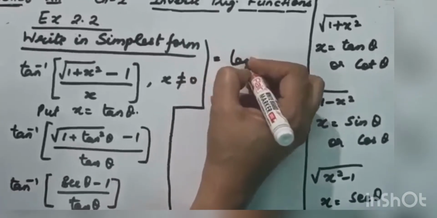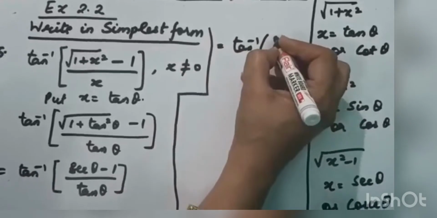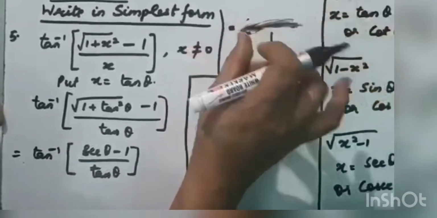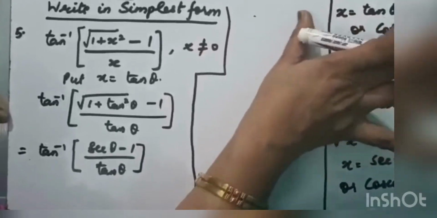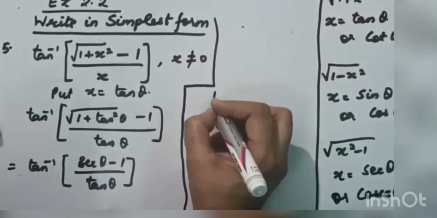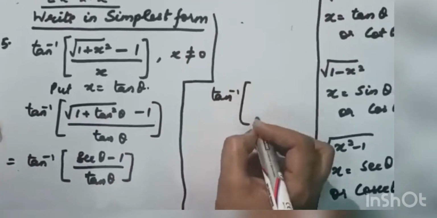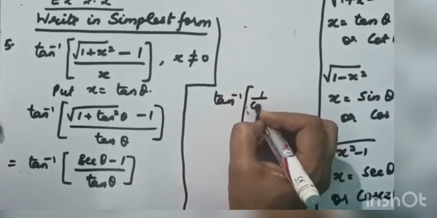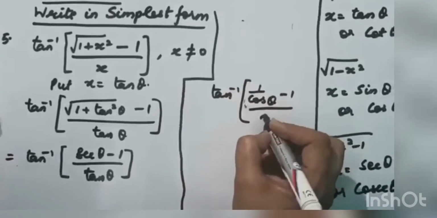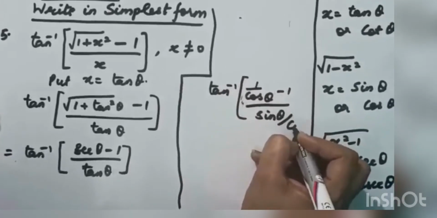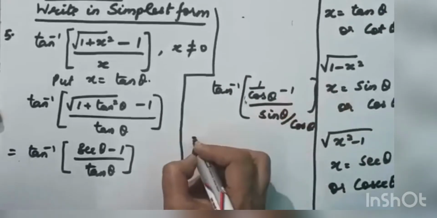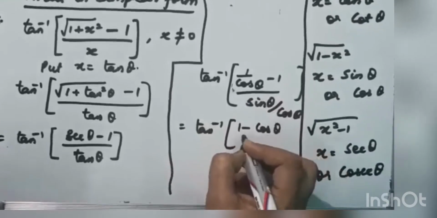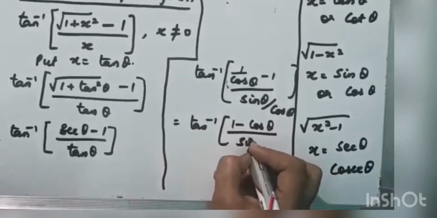So this becomes tan inverse sine theta, this becomes 1 by cos theta minus 1 upon sine theta upon cos theta. So when we simplify this result, tan inverse 1 minus cos theta upon sine theta.